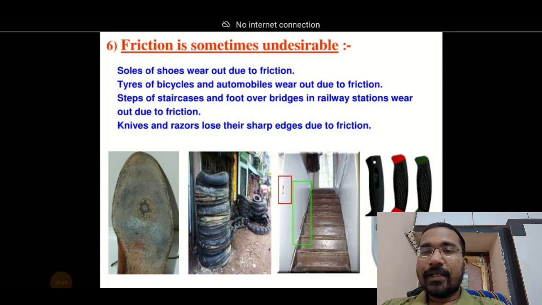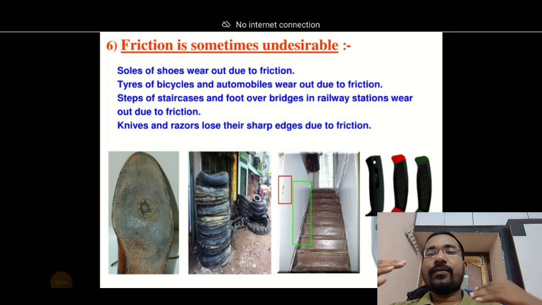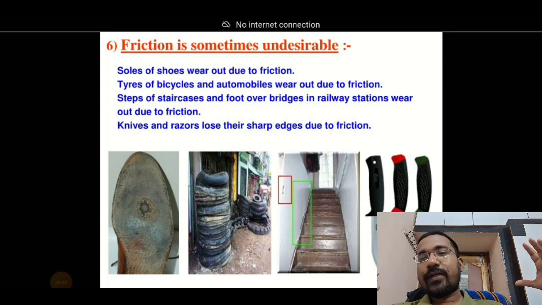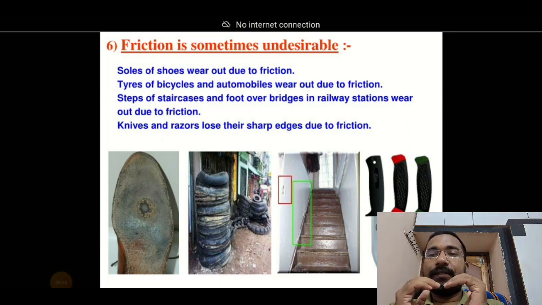Friction is sometimes undesirable, like with interlocking, which I have just taught you. Interlocking means when you push the interlock, what will happen to the molecules? They will break.